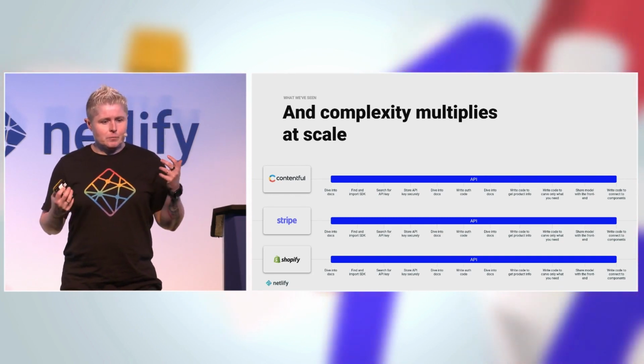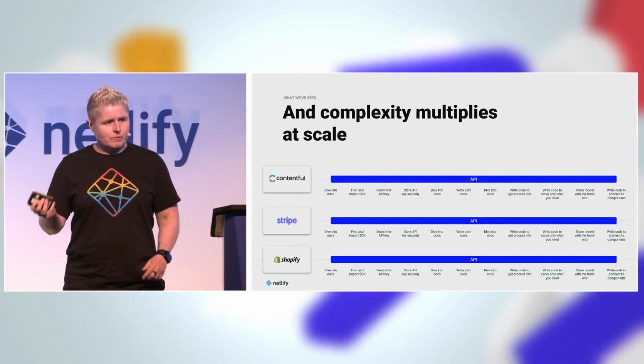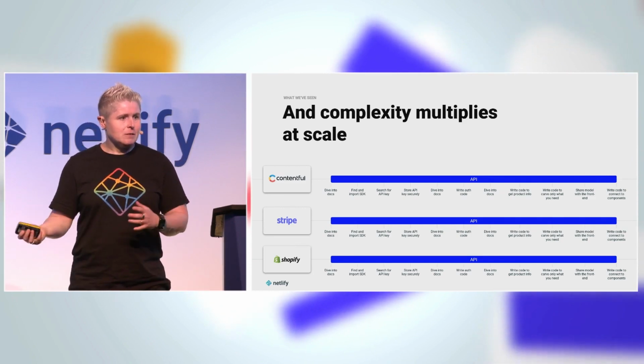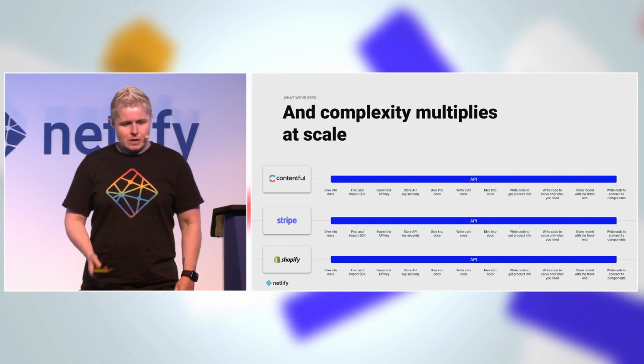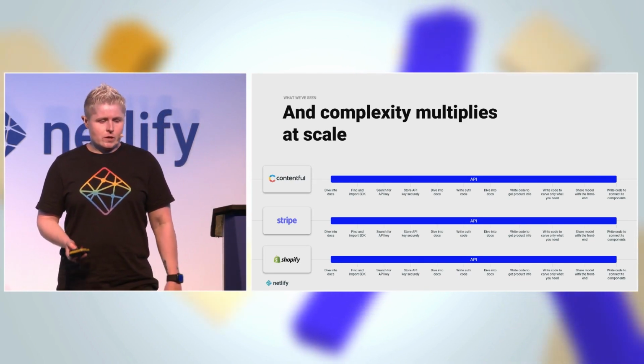And that complexity, with 3, it's kind of okay. 5 to 10, not so much, especially if you're not a big company, you can't have a team on each integration. So this is one of the things that we're trying to solve with Netlify Graph.